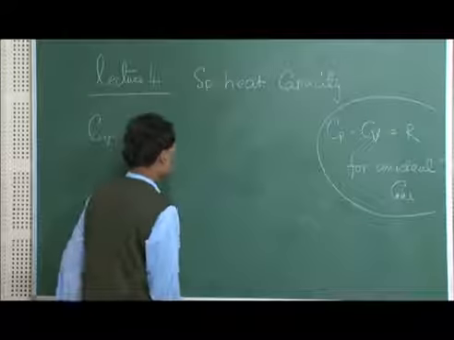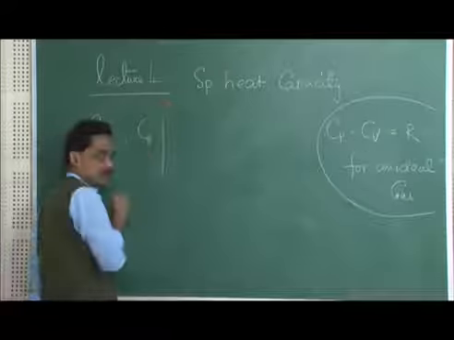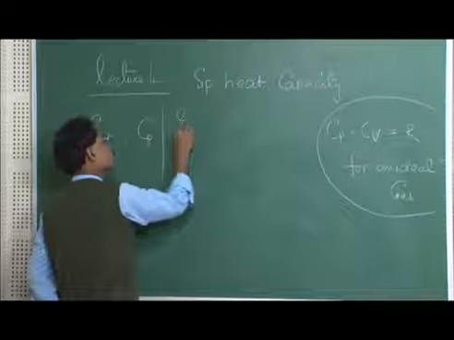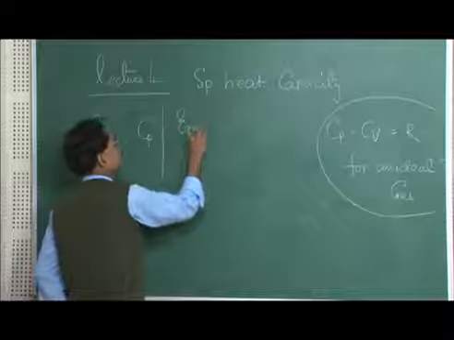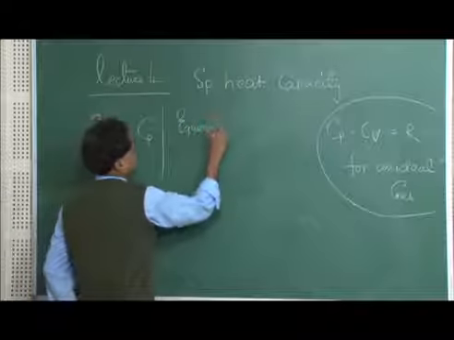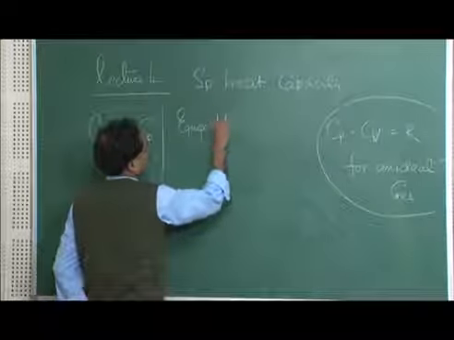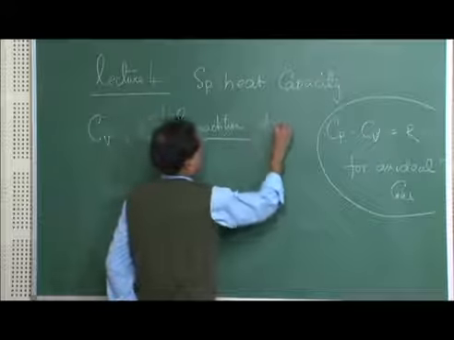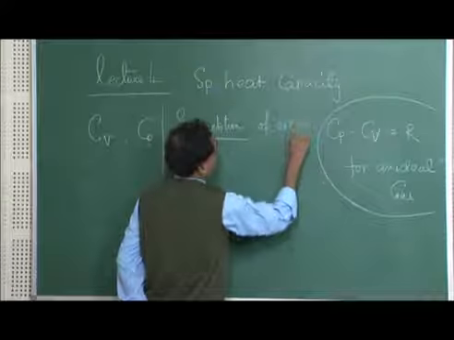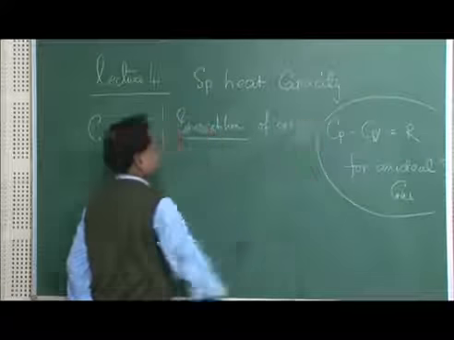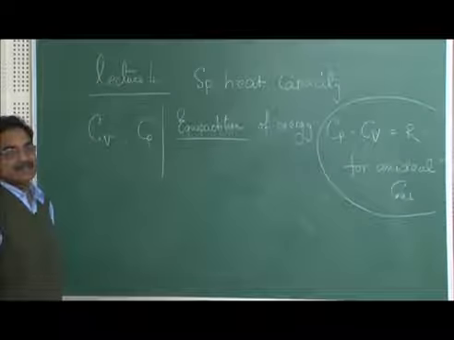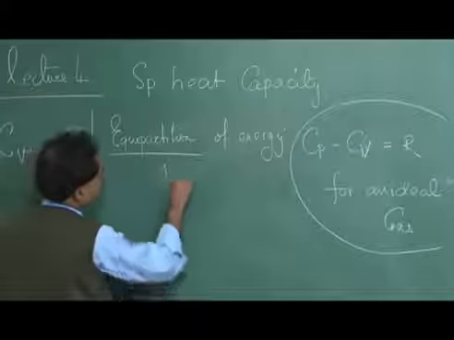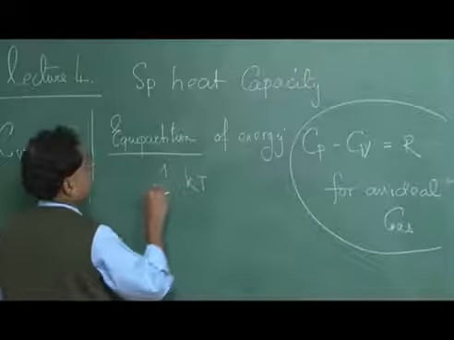3 situations we talked about. Firstly, what is most important is equipartition of energy. I said each degree of freedom contributes half kT to the energy.